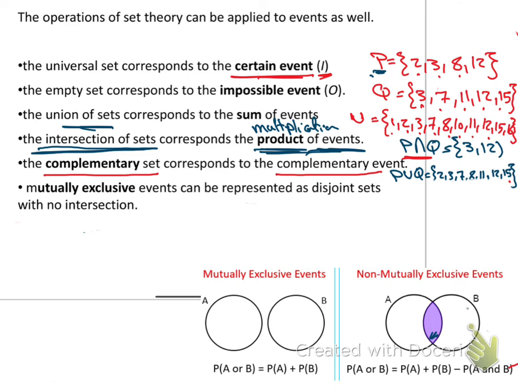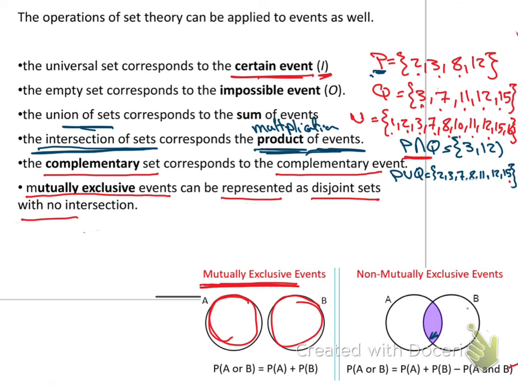Here we have mutually exclusive events, which can be represented by disjoint sets with no intersection. So this is called mutually exclusive. Exclusive means independent. No one has a relation to the other. Everyone is on its own. This one is mutually exclusive from this one. There's no intersection. Okay?